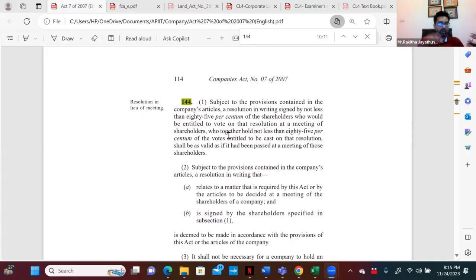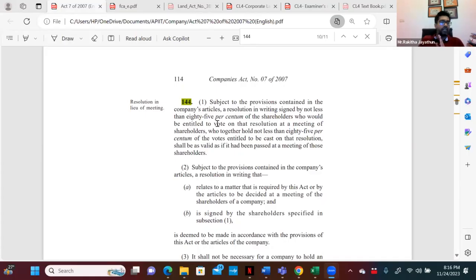I'm not going to go through model articles here, but you go through it leisurely, you will see model articles do not restrict a company from passing resolutions in lieu of meetings.